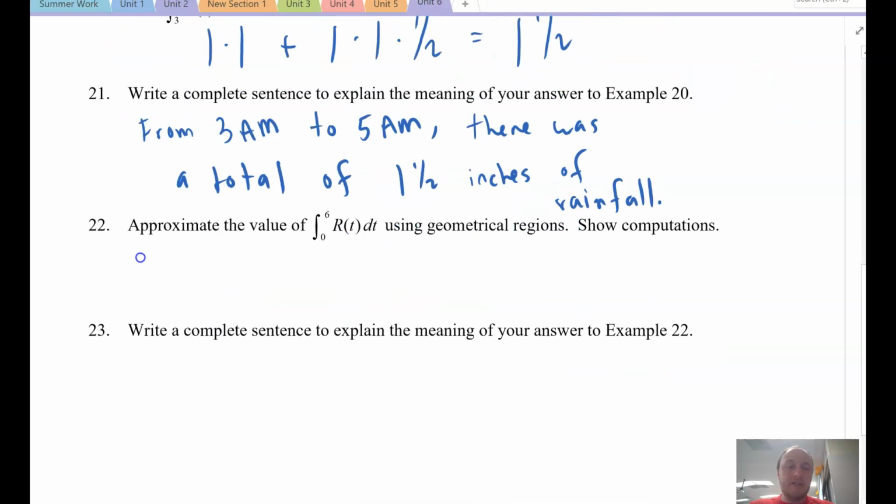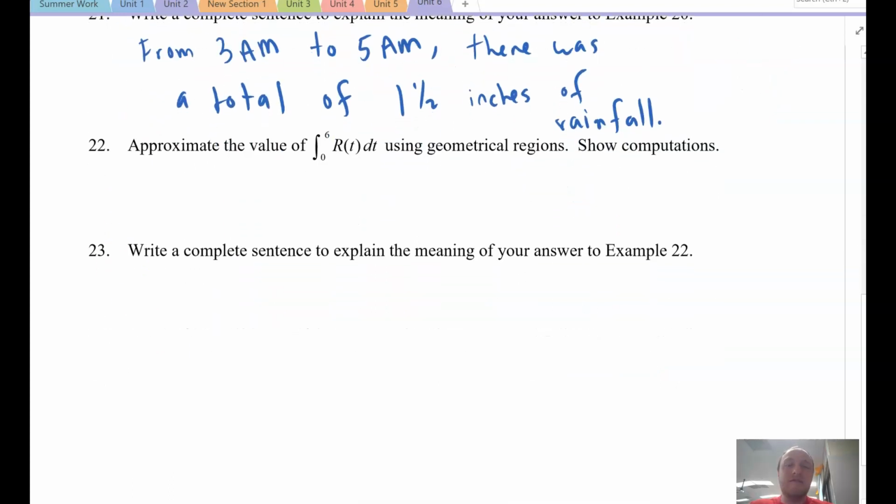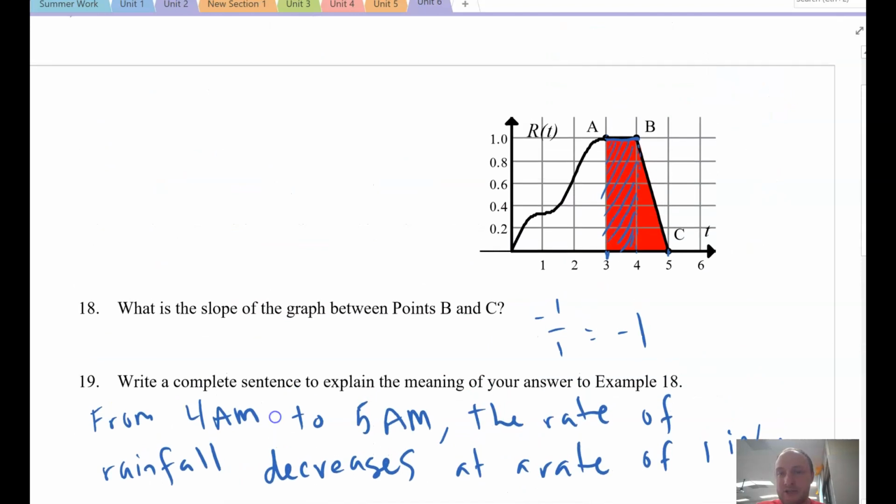Okay, number 22. Approximate the value of the integral from 0 to 6 of r of t dt using geometrical regions and show computations. So what we're going to have to do here: from 3 to 5 was no problem, because those are solid geometric shapes.